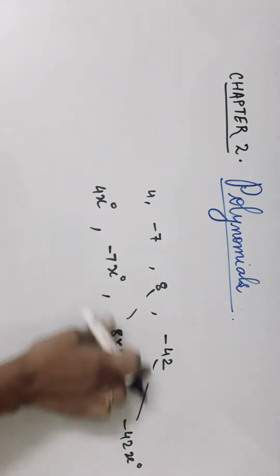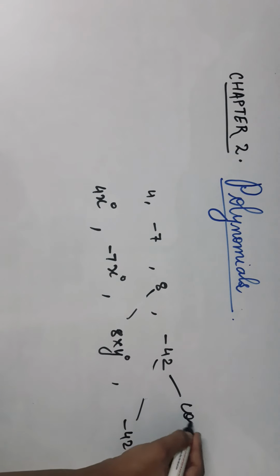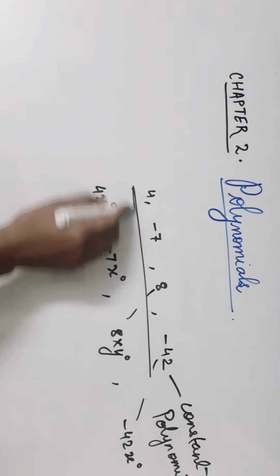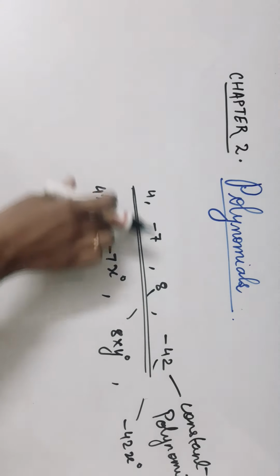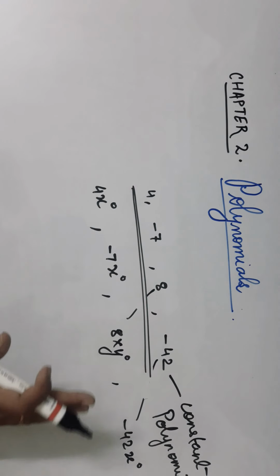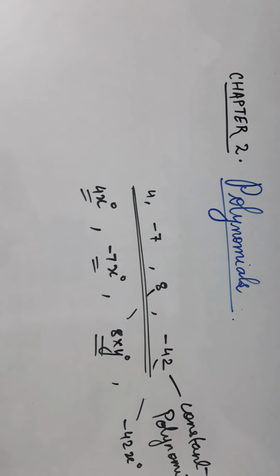So such type of polynomial we call them constant polynomial. Why do we call them constant polynomial? Because simply they are written as constant numbers, never changing numbers. Important point: all the constants are called constant polynomial because we can write them in the form of a polynomial. Clear?